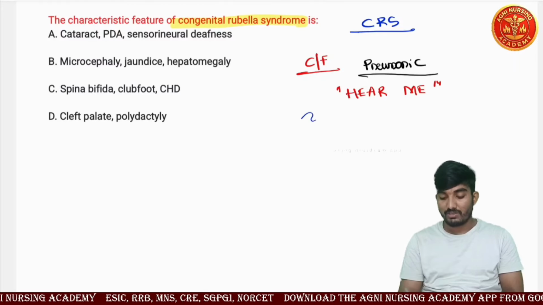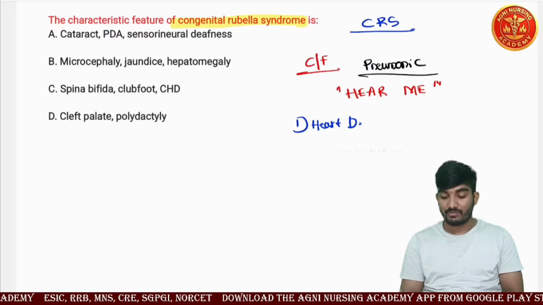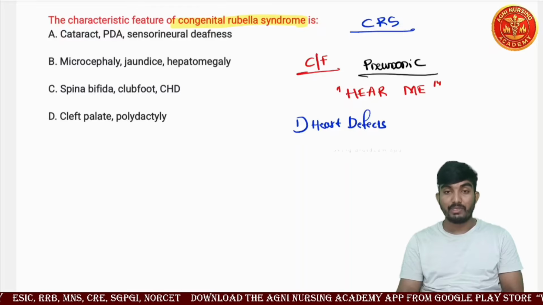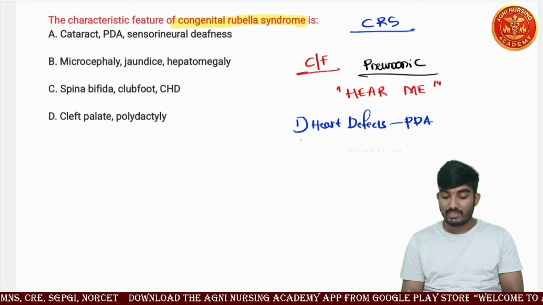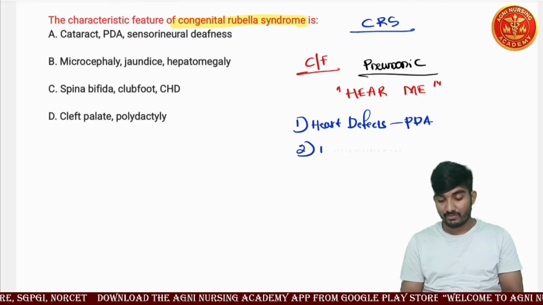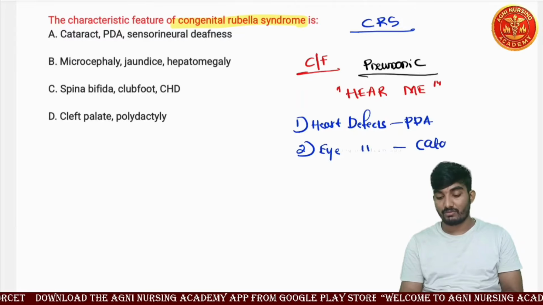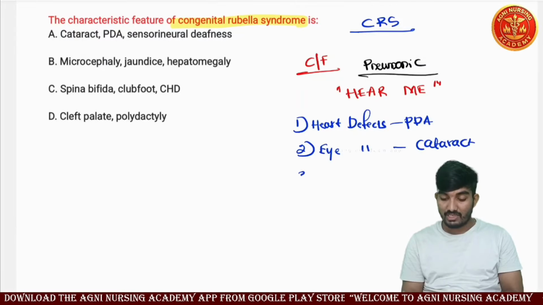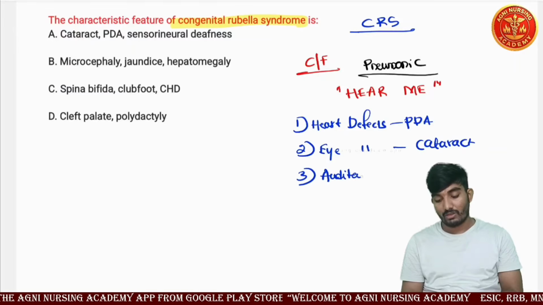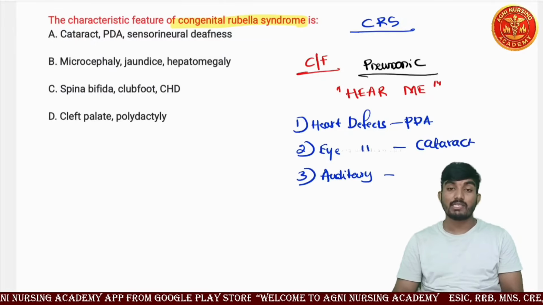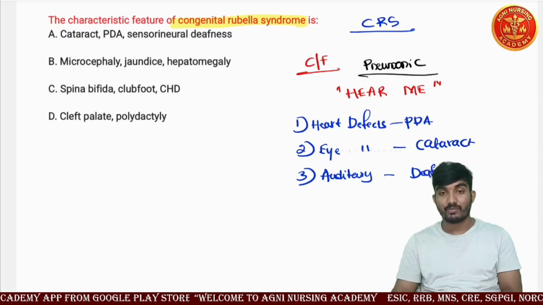First, H means heart defects, especially PDA, patent ductus arteriosus. The second is E, eye defect, that is cataract. The third is A, auditory defect, that is sensorineural deafness.